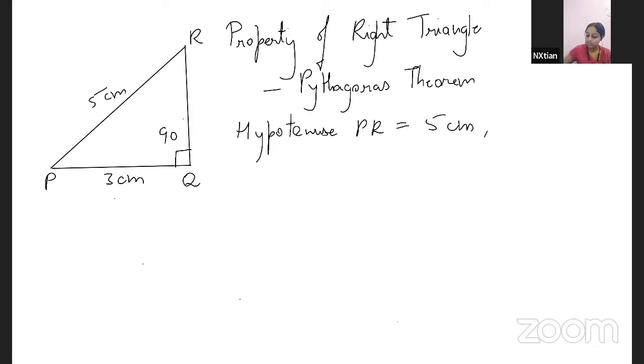Side PQ, 3 centimeter. And the third side QR is 4 centimeter.